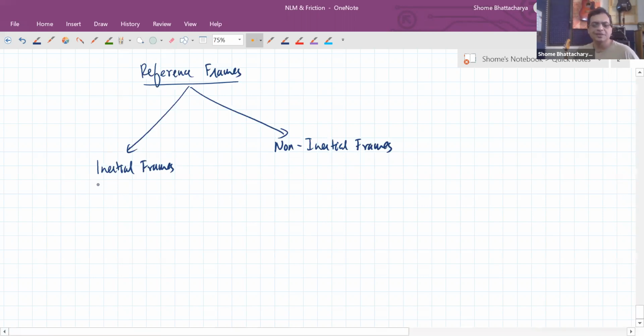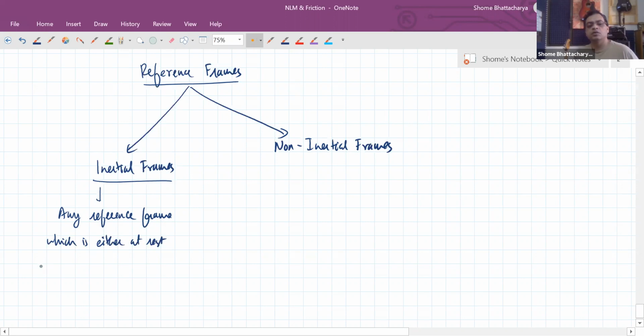So our working definition of an inertial frame becomes: any reference frame which is either at rest or in uniform motion, that is unaccelerated motion, with respect to the ground frame, that is, the reference frame attached to the surface of the earth.